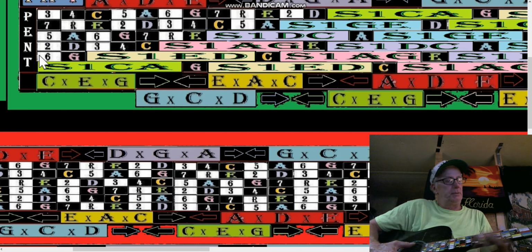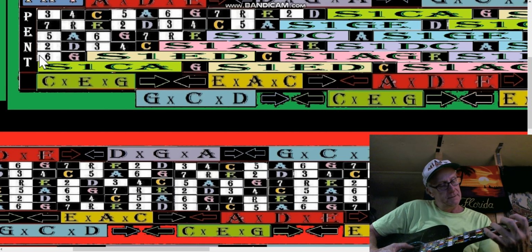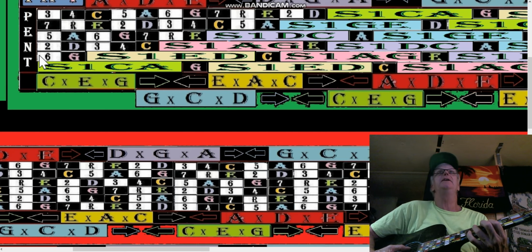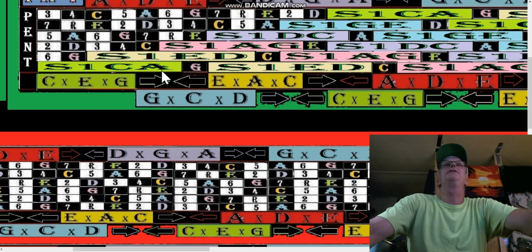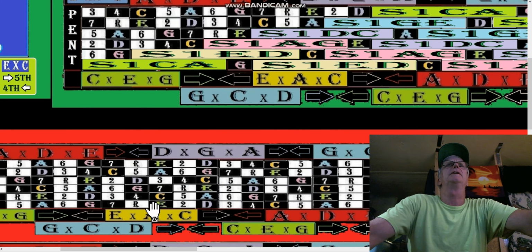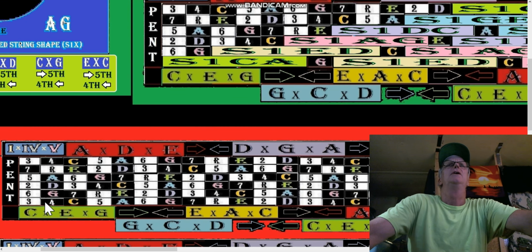So we went with double string shapes, CA, and then we have a little method that we use. If we're going to do the double patterns, it goes C to A to E to D to A to G to D to C. So C to A, where's our C? Right here. 3, 4, 5, 6 to E, 7 root 2, 3 to E to D to ED.